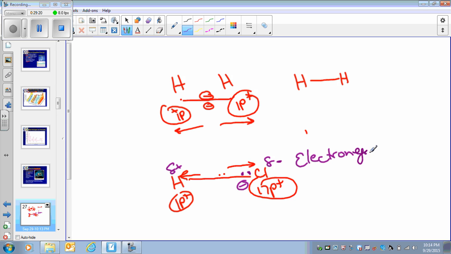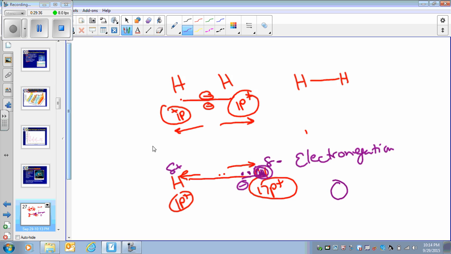Electronegativity has the same trend as the ionization energy, and the reason is also the same. The smaller the radius is, and this chlorine has a smaller radius, the more power it has to pull the electrons towards itself, because the nucleus is very close to the electrons.